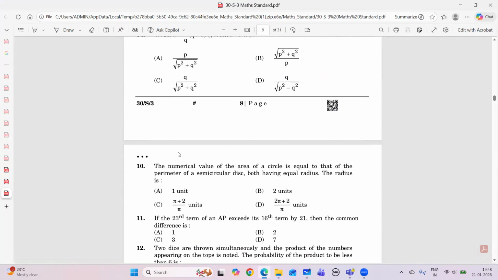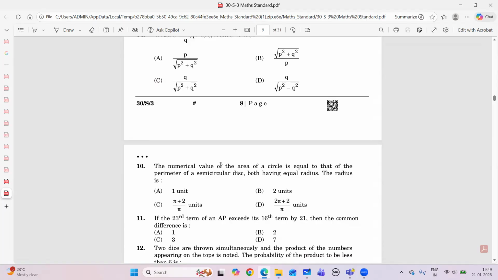The numerical value of the area of a circle is equal to that of the perimeter of a semicircular disk, both having equal radius.